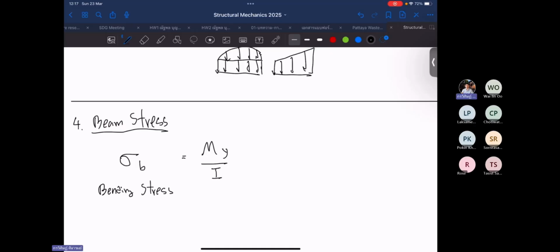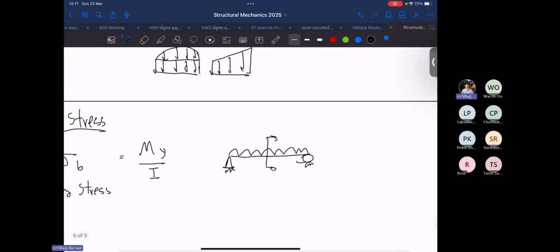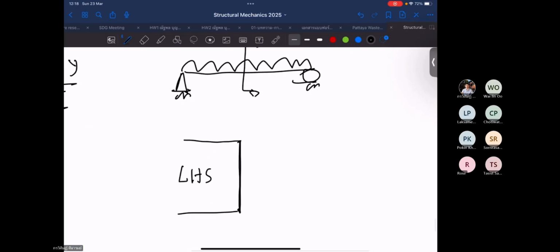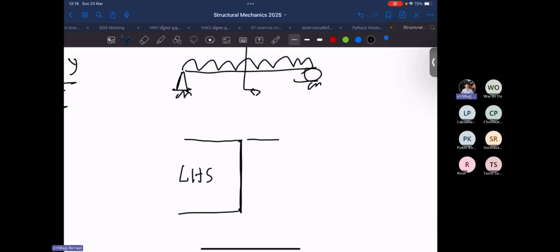Okay, because if we have a beam like this with uniformly distributed load, if we cut the beam section, we will get... Okay, if we cut the beam here, at the top of the beam there will be compression, and at the lowest of the beam there will be tension, and at the neutral axis or the centroid, there will be no either tension or compression.